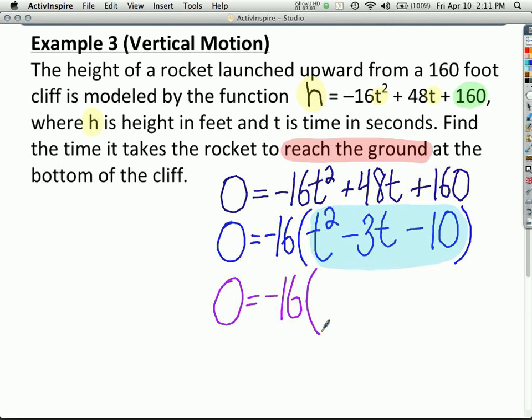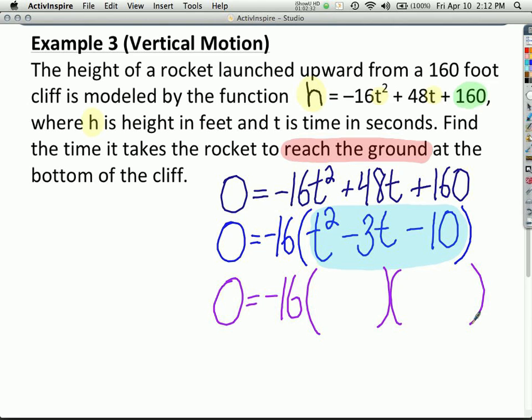But now run through your checklist again. What can we do with t squared minus 3t minus 10? Yasmin? Yeah, we can unwrap the foil. In fact, it should be done already. We unwrap the foil. So go ahead. Could someone tell me what it is? You got 1, 2, 3, 4.